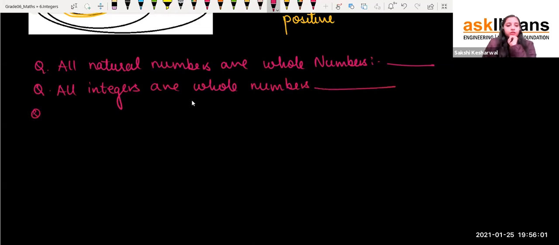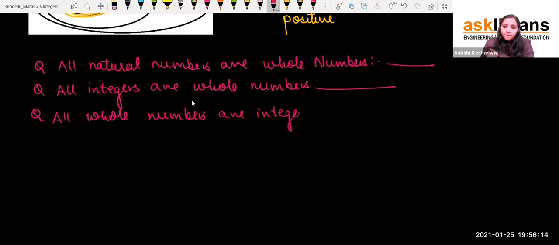And third, true or false: all whole numbers are integers. Do all natural numbers are whole numbers? Yes, because whole numbers start from 0, 1, 2, 3, 4, 5, and natural numbers start from 1, 2, 3, 4, 5. So it's true.